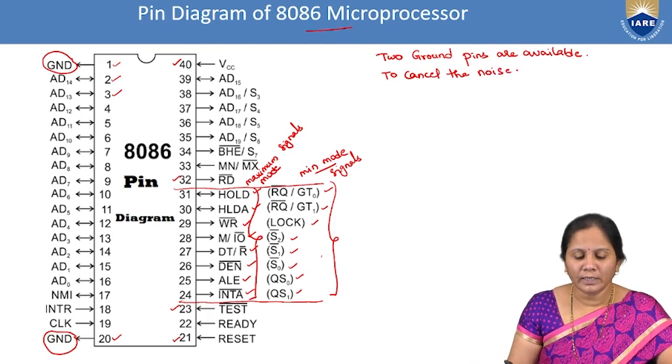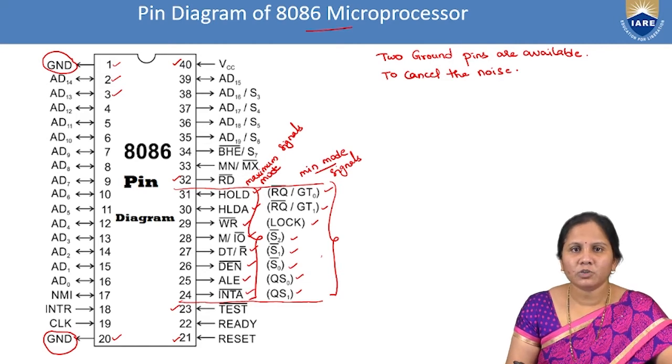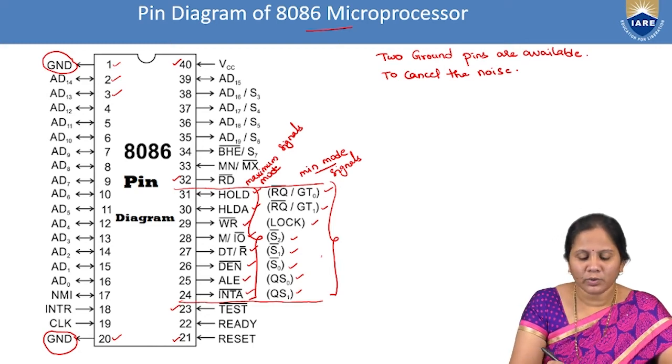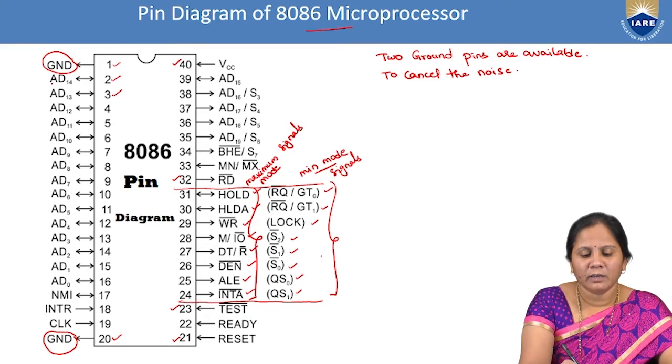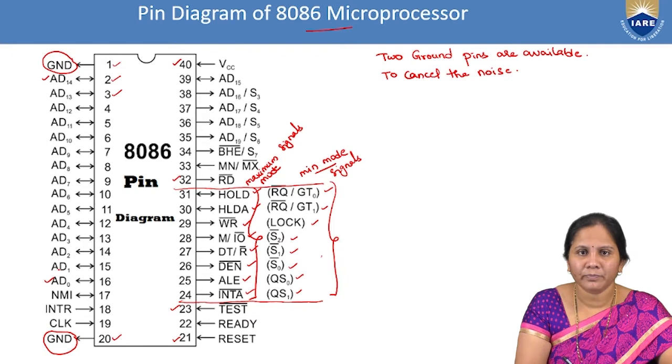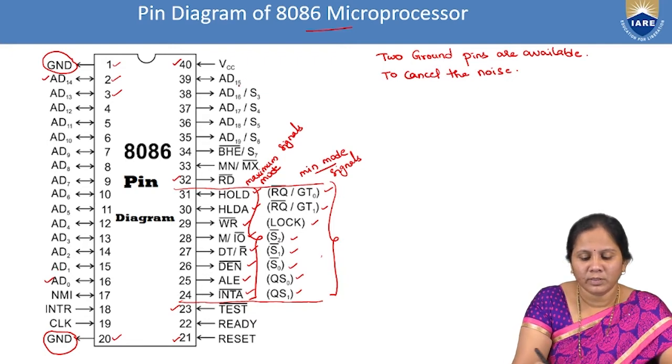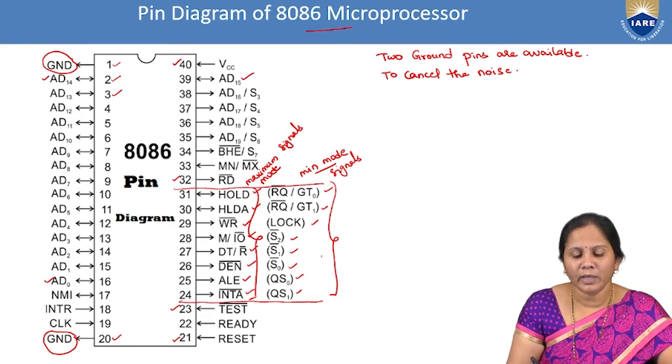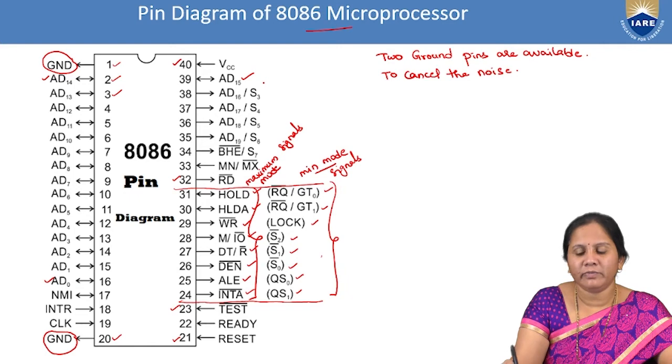Okay. So in the features of the 8086 microprocessor, we have studied that there are multiplexed address and data lines. Here the pins AD14 to AD0 and also AD15, so AD0 to AD15, are all available.